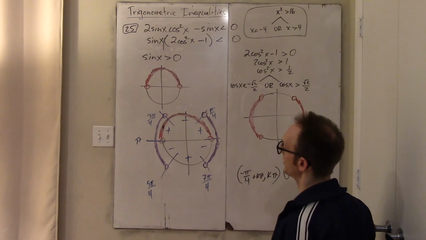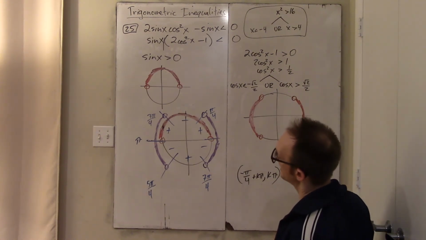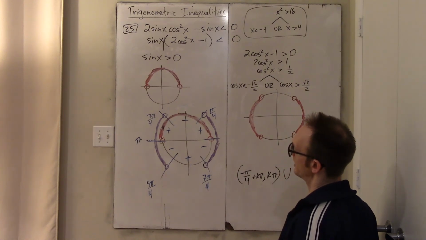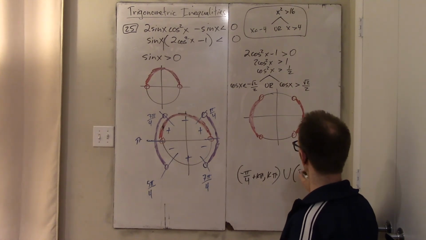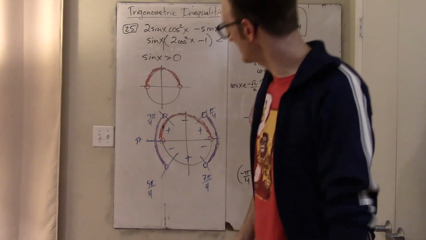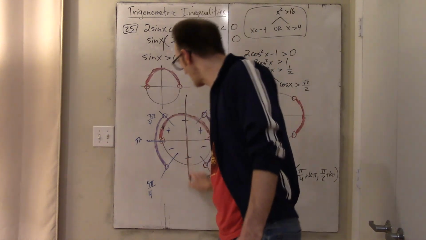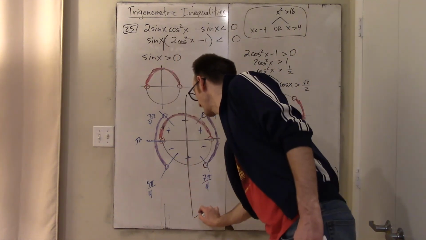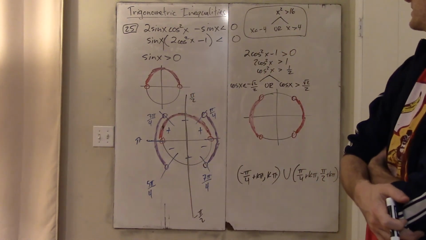And everything from pi over 4 to pi over 2. In other words, I'm noticing that this pattern just repeats every pi. And if this pattern repeats every pi, then I'll just give my answer from negative pi over 2 to pi over 2, and then just repeat.